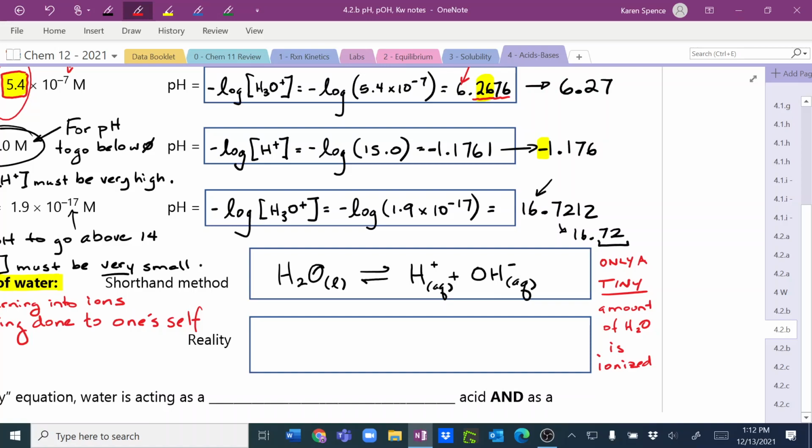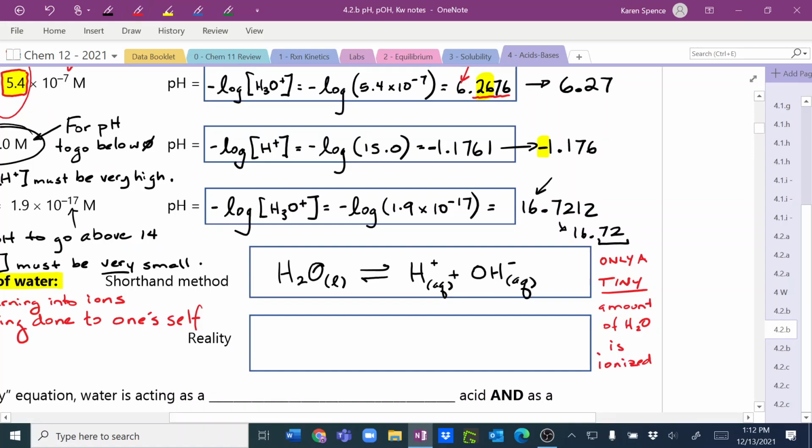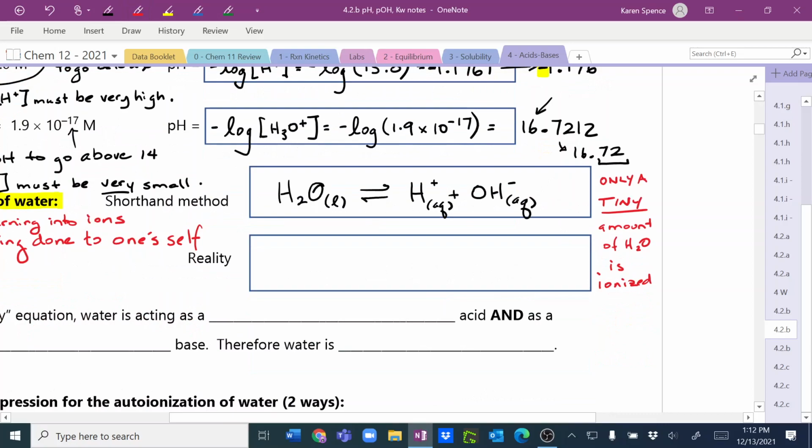So, water does not ionize enough to conduct electricity. It ionizes a tiny bit, but not enough to do anything really substantial in terms of conducting. Now, in reality, water doesn't actually just split apart into H and OH.